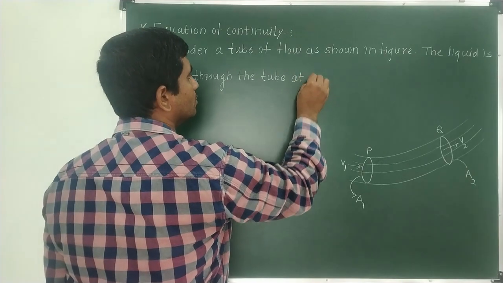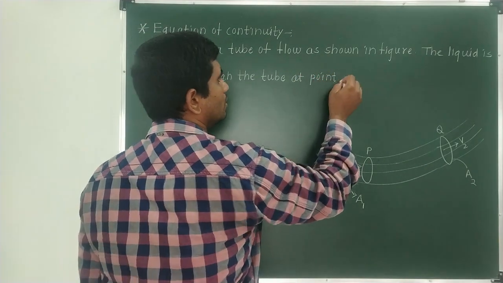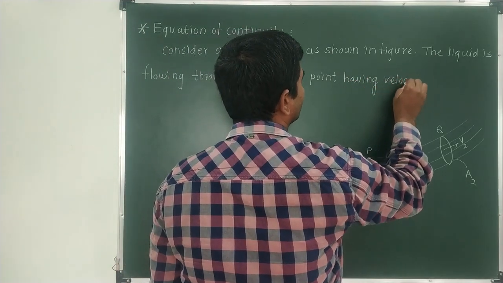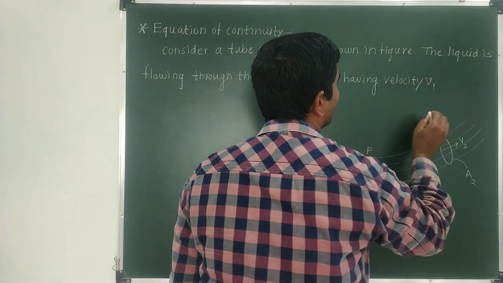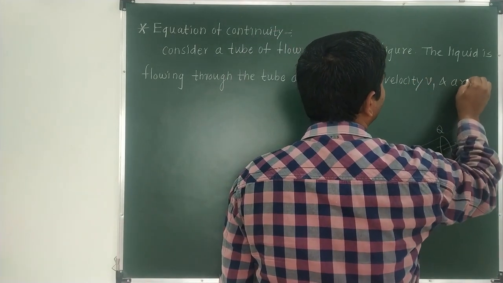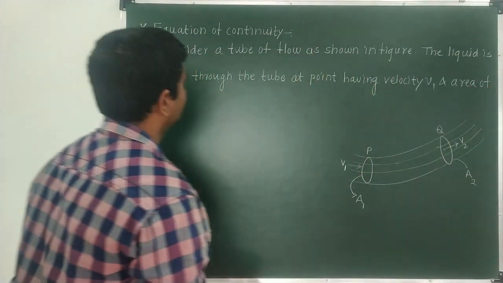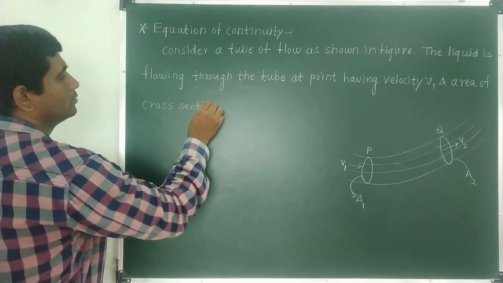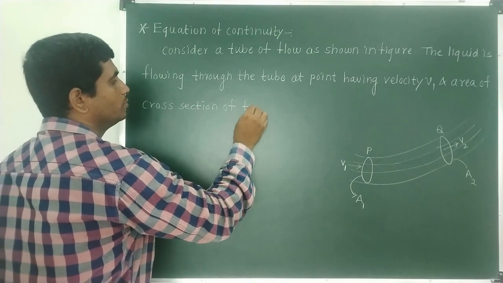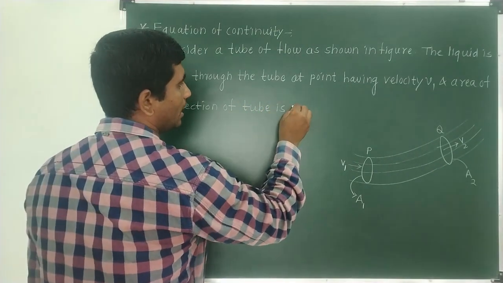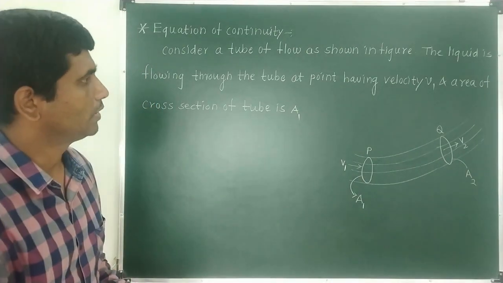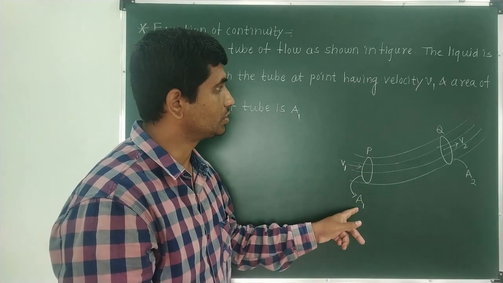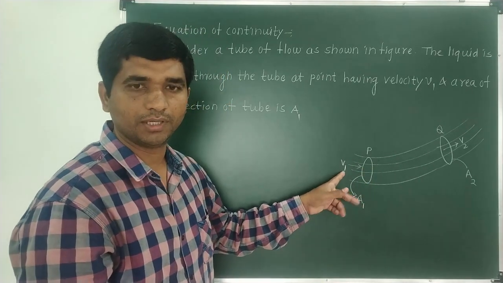At point P, the area of cross section of the tube is A1 and the velocity of the liquid is V1.